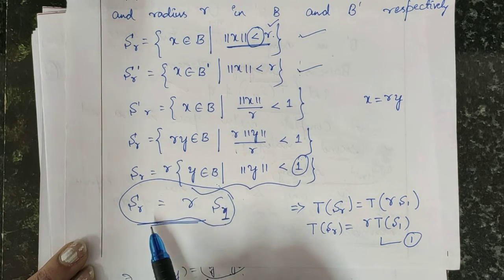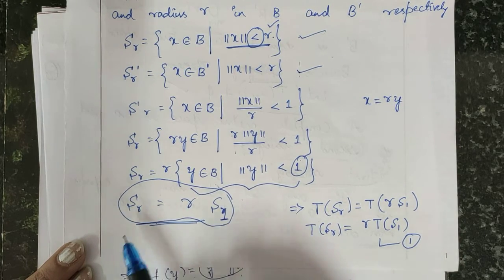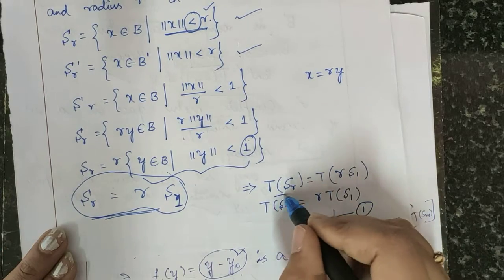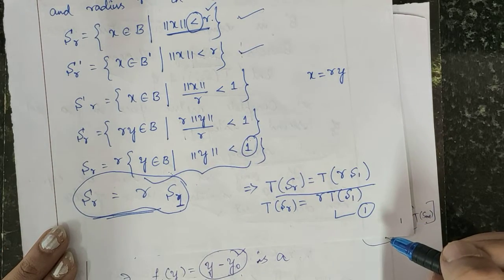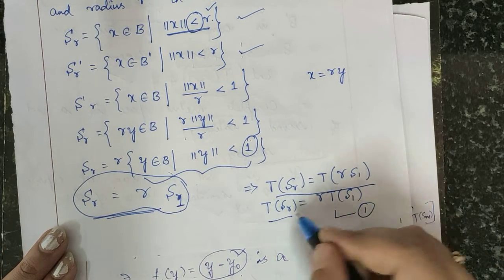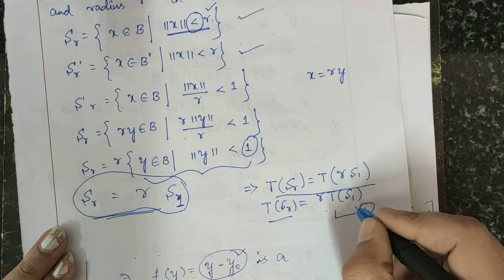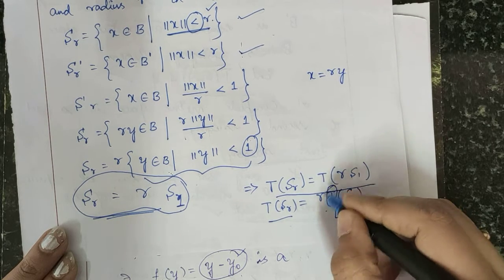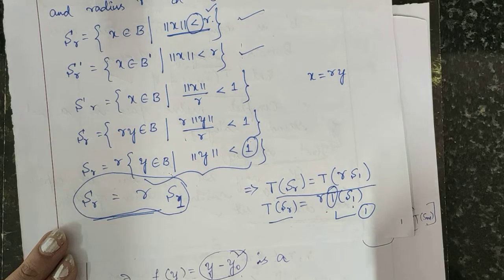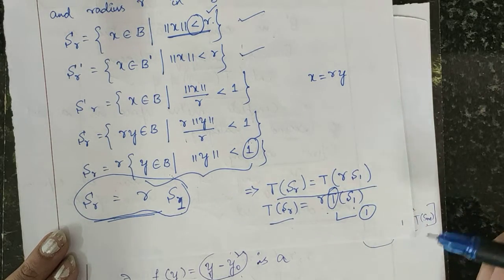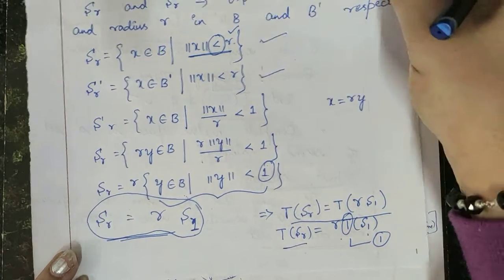So if I want to write it in the form of the image of an open sphere, T of SR is equal to T of R of S1. So I can write T of SR as R into T of S1. Why? Because T is linear, right? These are all the initial conditions which we used.